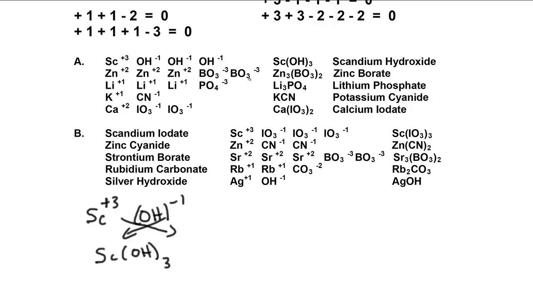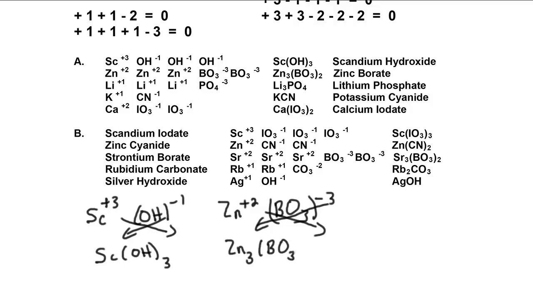Zinc with borate. Zinc is a +2 ion. Borate, BO3, that's a -3 ion. Crisscross game, and we get Zn3(BO3)2. Zinc borate.